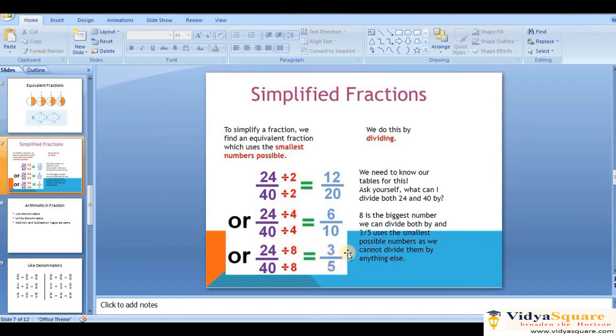So this is the final one. So 24 by 40 is simplified into 3 by 5. Similarly, we have to keep on simplifying the numerator and denominator by dividing them with the same number. That is the logic in simplifying a fraction.